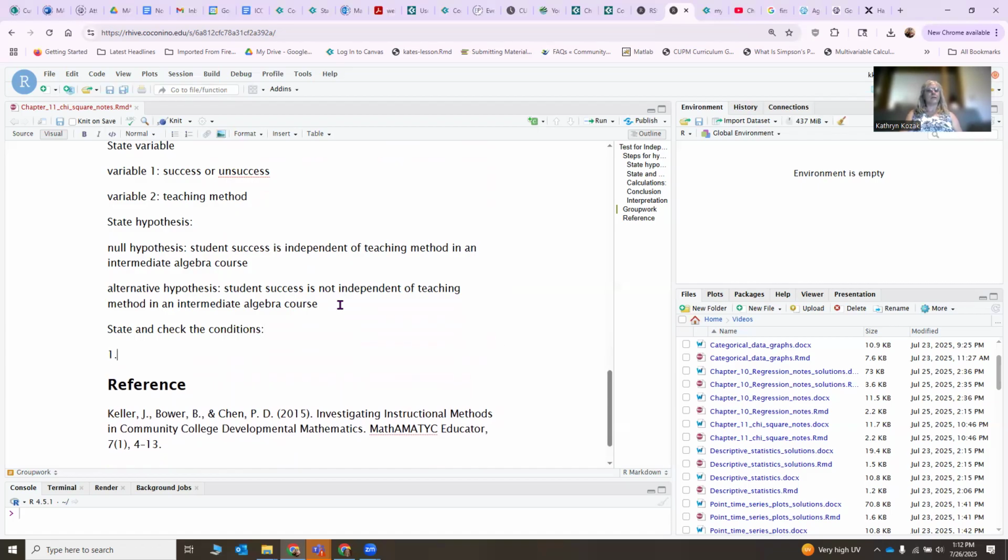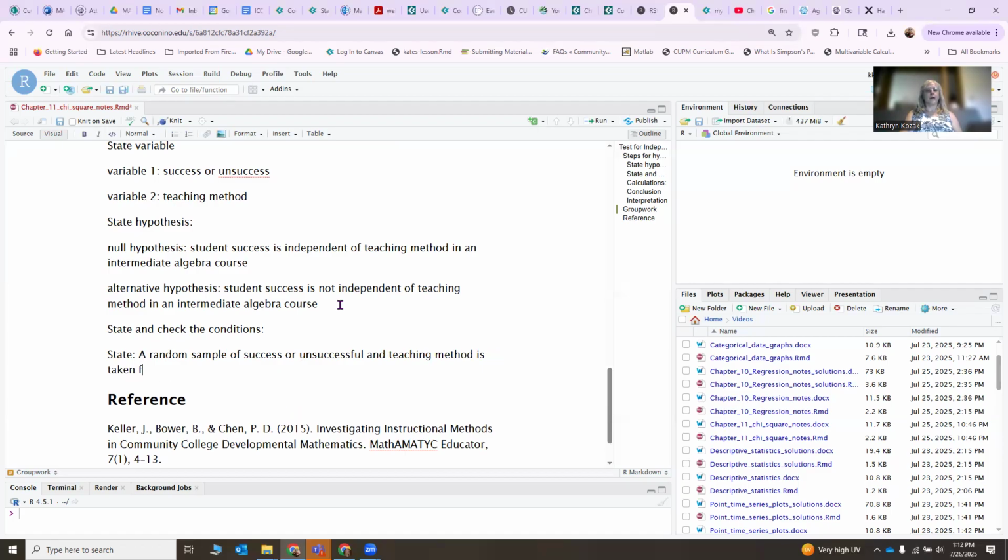So we're going to state that a random sample of success or unsuccessful and teaching method is taken from, and again, I don't know how many people there were in this study.